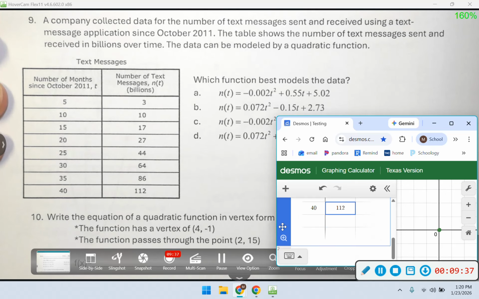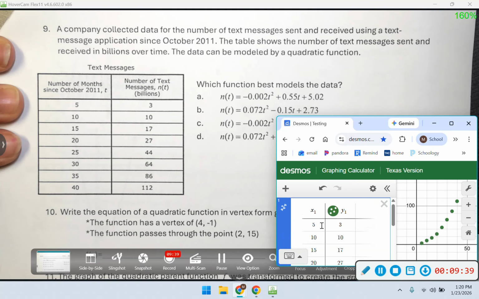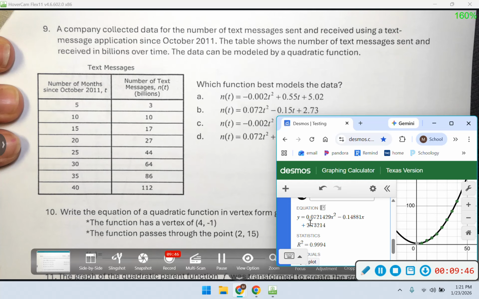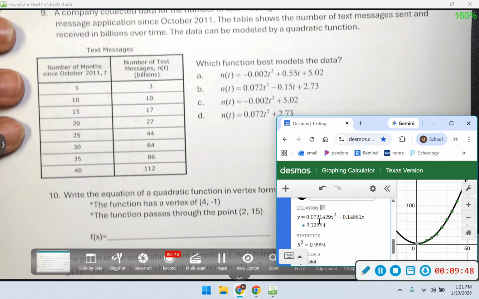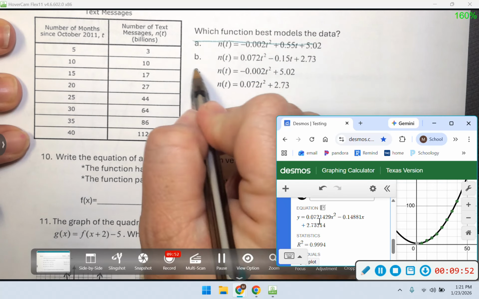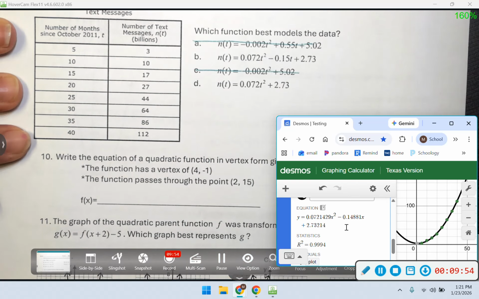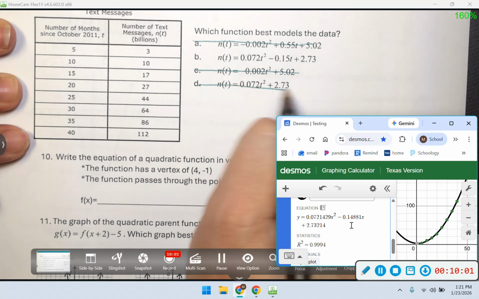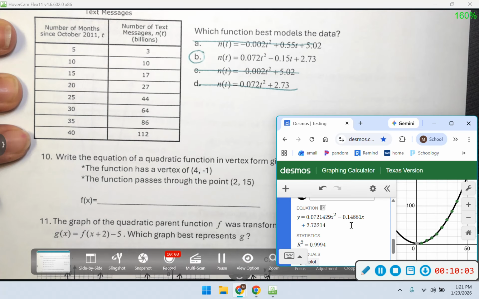Okay, we're going to click the magnifying glass and we're going to turn it in. It told me it was quadratic, so I know I'm turning it into quadratic. And here's my equation. So 0.072, and it's positive 0.072, so I can cross off this one and this one. And then it says minus 0.148. This one doesn't even have that, so B is my answer.